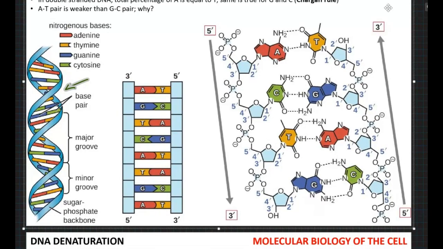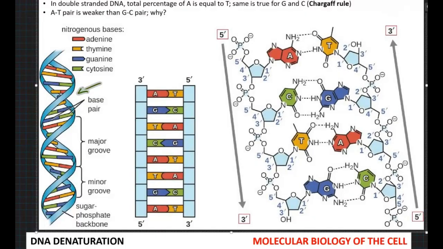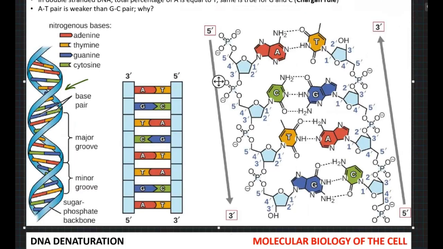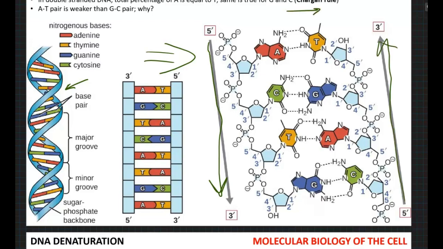If you look at this specific image right here, you can see that the left strand, if we assume that the direction is 5' to 3', its direction goes from top to bottom. And the direction of the right strand goes from bottom to top. This opposite direction of the two strands is what makes the DNA helix anti-parallel.